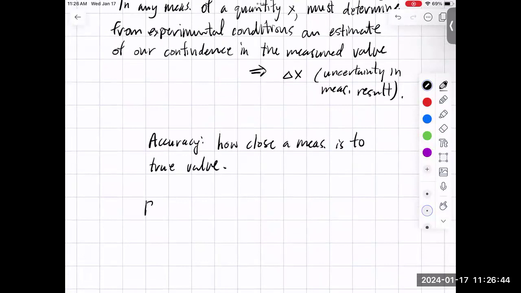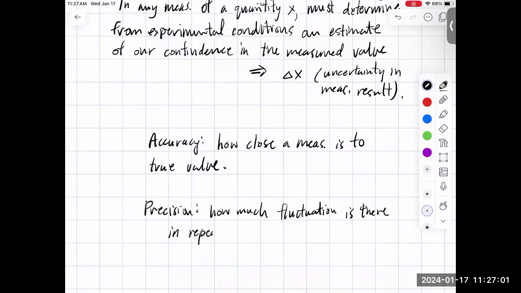And then we have precision, which tells us how much fluctuation there is in repeated measurements.